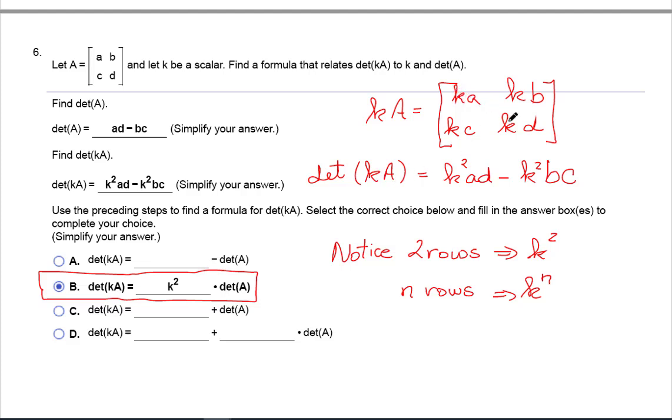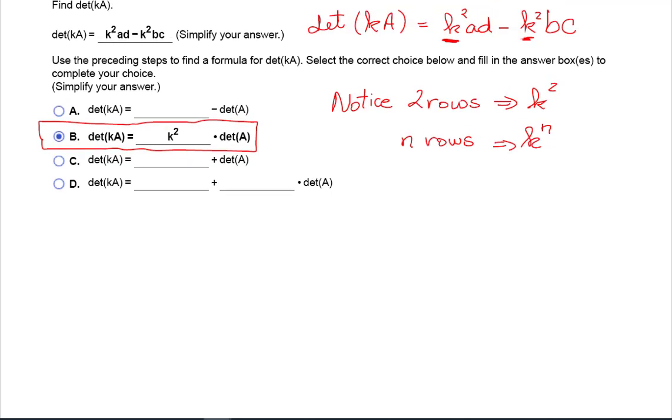Well, I get a k squared AD minus a k squared BC. And so what you notice is now I've got a k squared that comes out. 2 rows, I'm going to get a k squared. In n rows, I'm going to get k raised to the power of n.